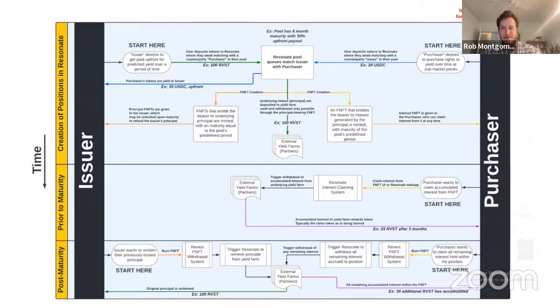We figured out VE, actually. Funny that Alex was talking about it. So we figured out how to take a VE curve position and place it within an FNFT. And normally VE curve positions are locked to your wallet. And yeah, that's great, but you can't sell them. They're stuck. What we were able to do is abstract that using a smart wallet, where the contract on chain acts as the wallet that deposits into the curve system.